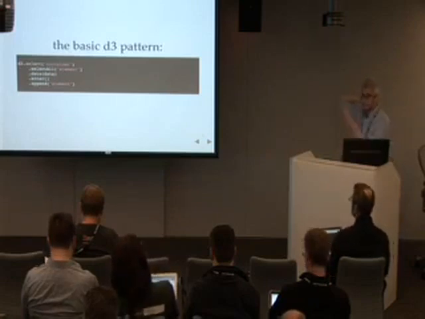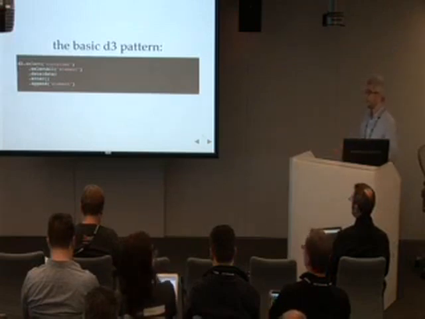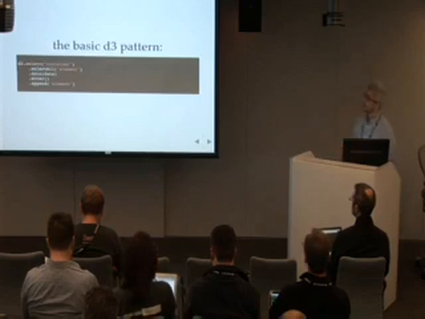I'm showing you now in abstract, so that when we see it again with actual fake data, you'll spot it. What we're essentially going to do is use D3 to select a containing element on the web page. We're going to select all the elements inside that container that either exist or that we hope will exist at some point in the future. We're going to bless that selection with some data.